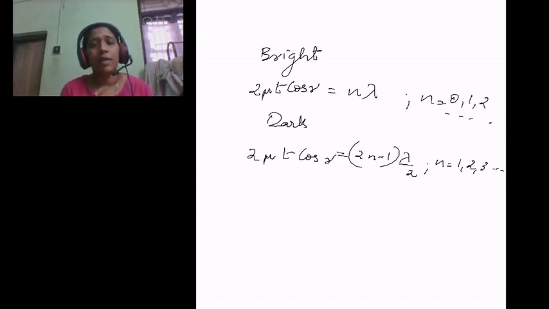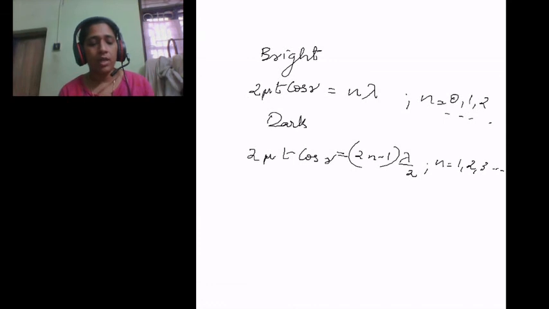So what happens when the film is viewed by white light? White light is actually light with the 7 colors. At any point of the film, the values of n, t and r will be such that 2 mu t cos r equal to n lambda for a particular color.